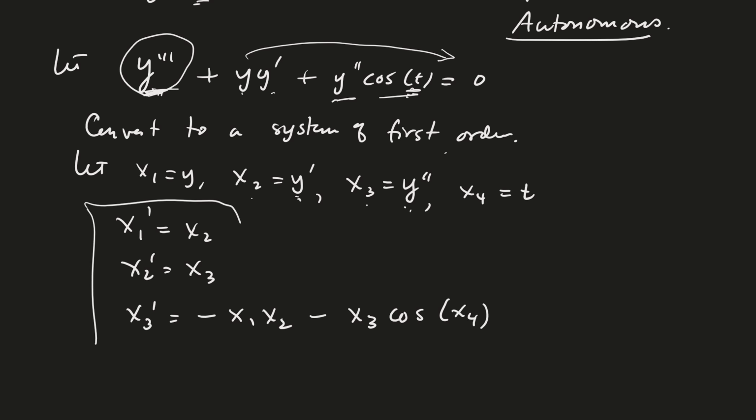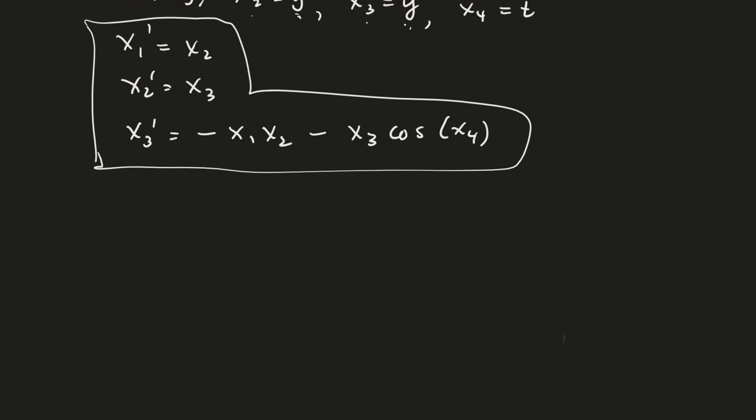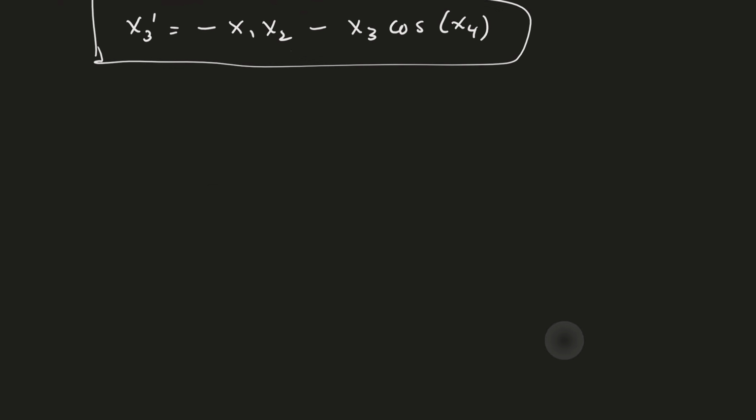And so this is now my system of differential equations. Excellent. It's kind of fun to do that. Good. But the main point here is that we can convert especially second order differential equations to a system of two variables, right?